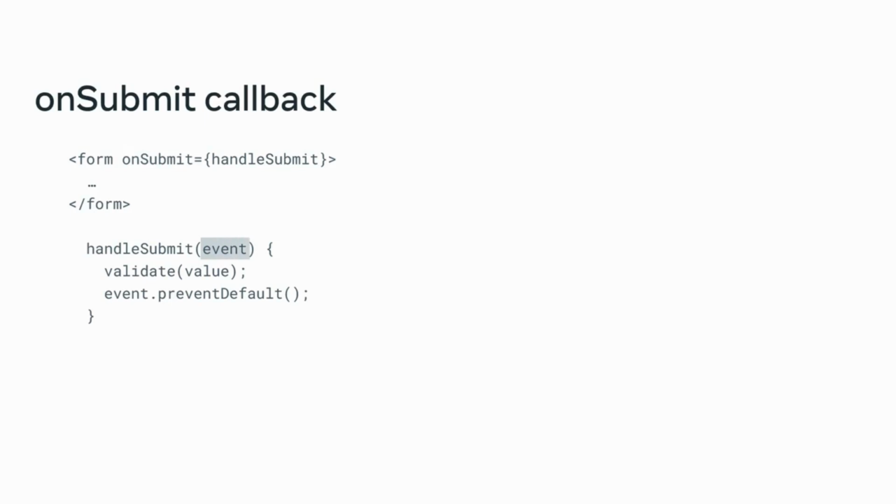The onSubmit callback also receives a DOM-like event as a parameter. There you can access your form values to perform any desired logic that must take place before submission. For example, validating your input values. Also, if you would like to prevent the default HTML form behavior, you need to call event.preventDefault inside your onSubmit callback.